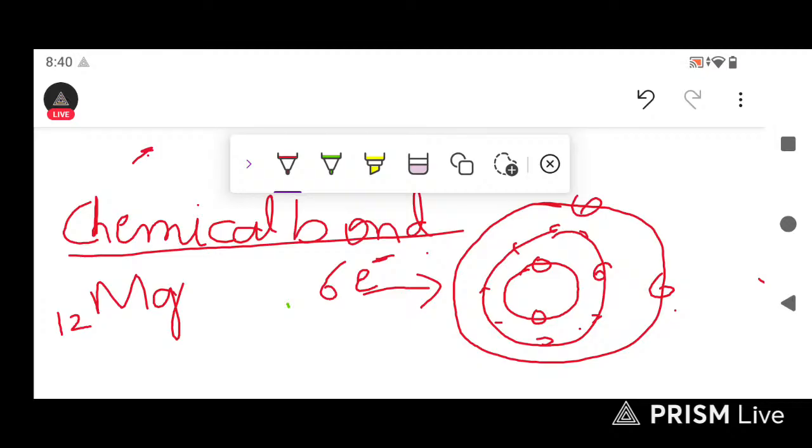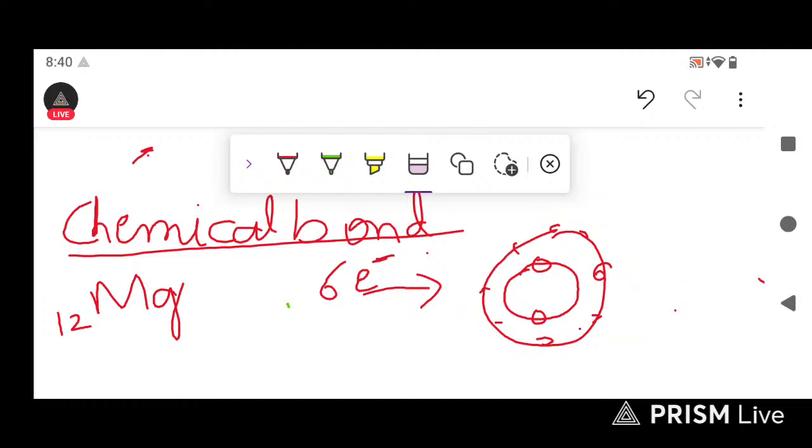It is easier for magnesium to lose 2 electrons. When it loses the 2 electrons, you will see it gains a 2+ charge, because it loses 2 electrons.